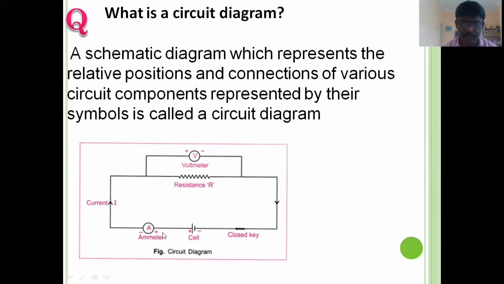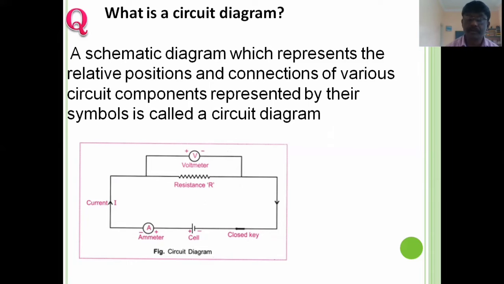Just have a look at the circuit diagram having a cell, ammeter, voltmeter and a resistance, or it may be a bulb or any other device which consumes electrical energy, and then to make or break the circuit we are using switches. This is how the components are connected through the respective symbols.